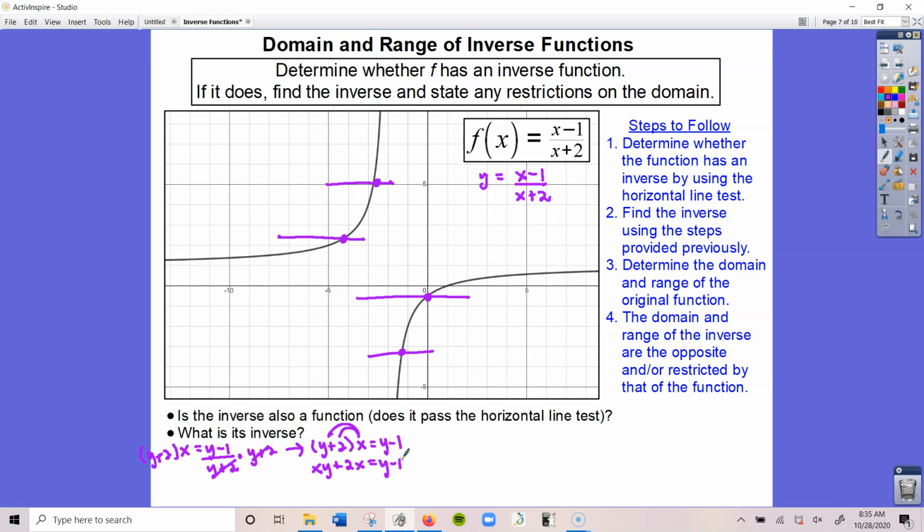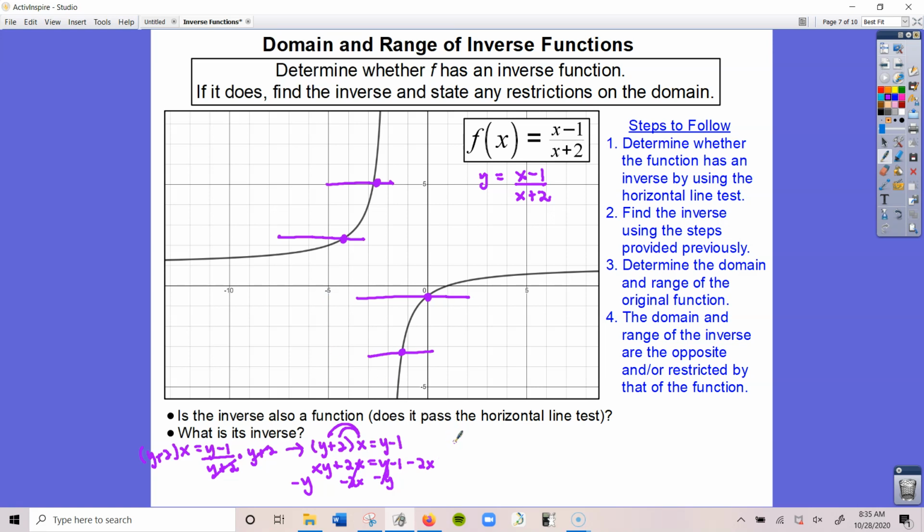What I want to do now is get all of the y's on one side and everything else on the other side. So I'm going to subtract this y over, so now it's away from the right side here. And I'm going to subtract this 2x because I want the 2x to be on the other side, since I only want all the terms with just y on one side.